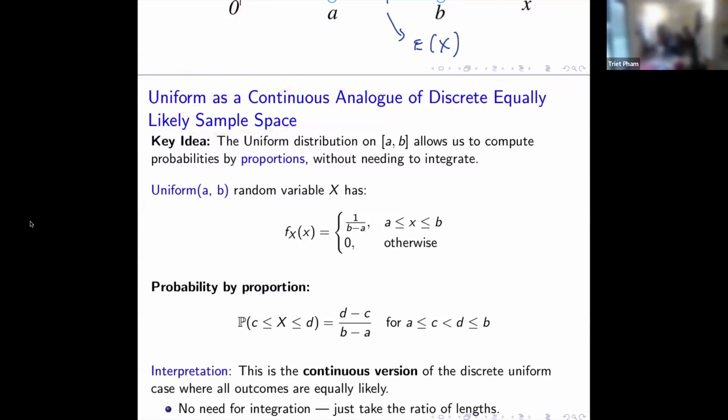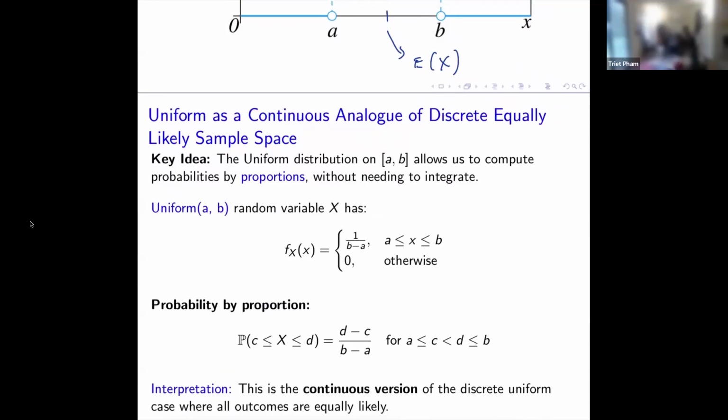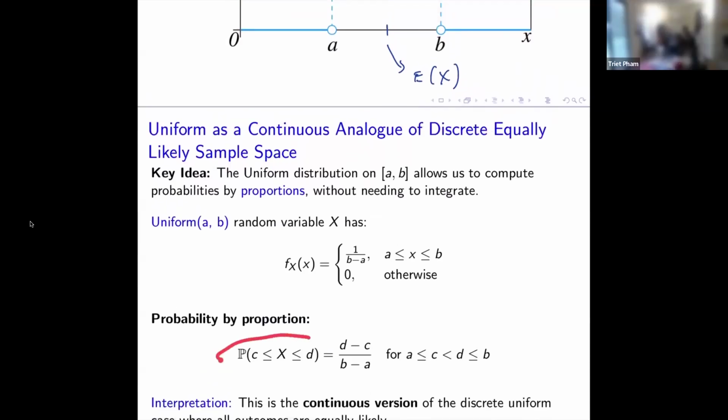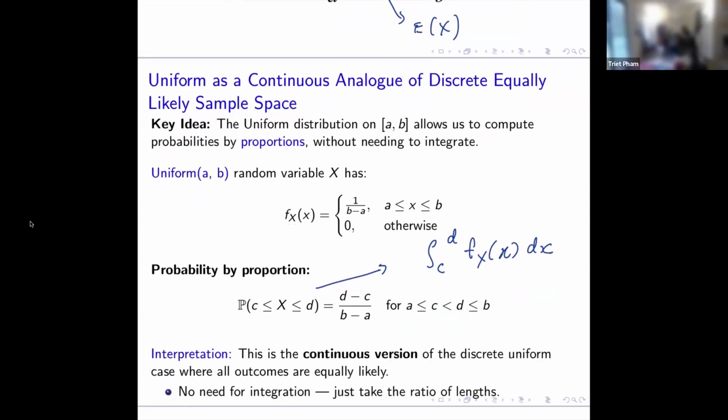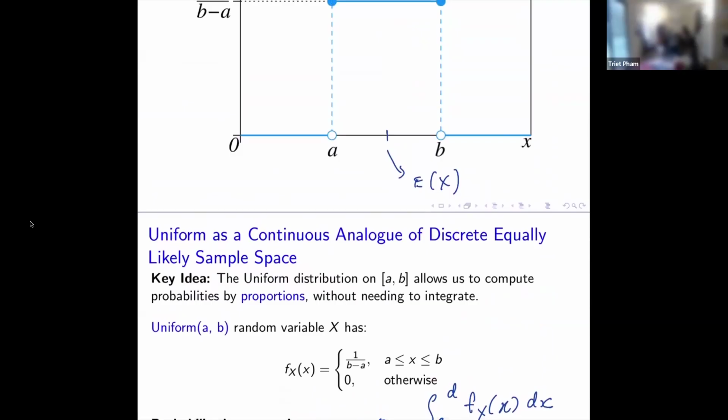When you compute the probability of a random variable, you usually integrate the density dx from C to D. You can integrate the uniform, but the answer is pretty clear: a more intuitive way to remember it is that it is the proportion of CD over the proportion of AB.